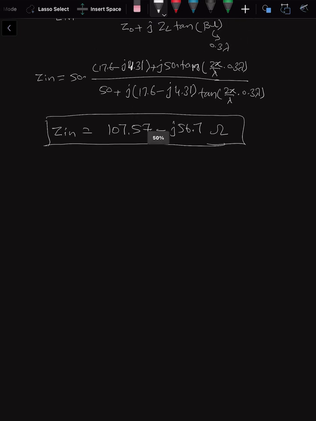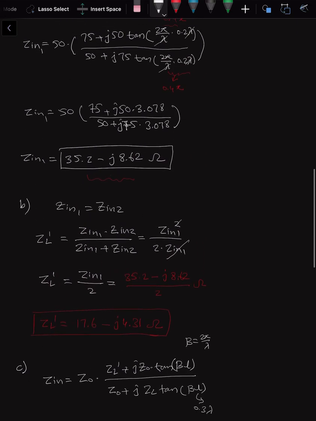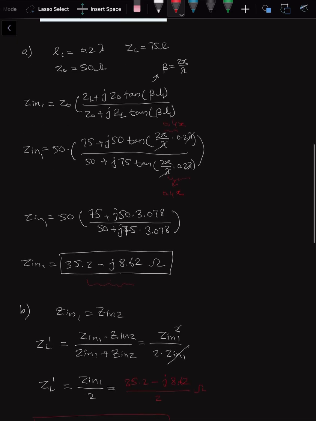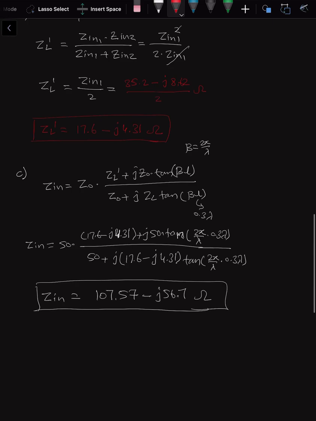When you calculate this equation, Zin equals 107.57 minus j56.7 ohms. So this is the input impedance looking into the whole circuit from here. This is how it looks. All right, thank you.